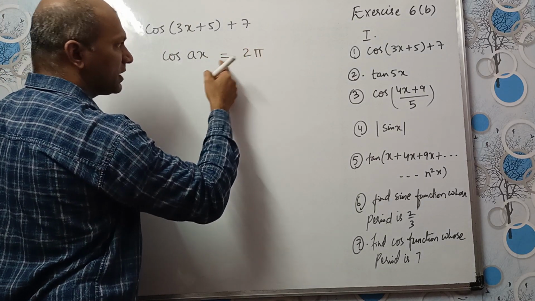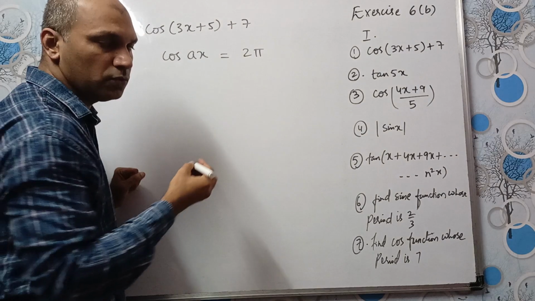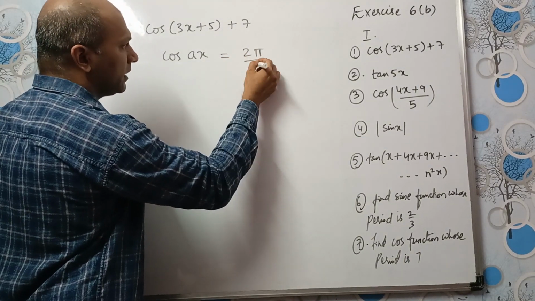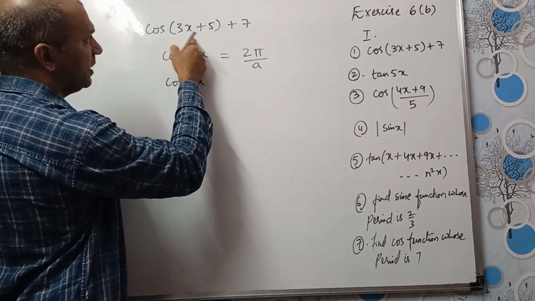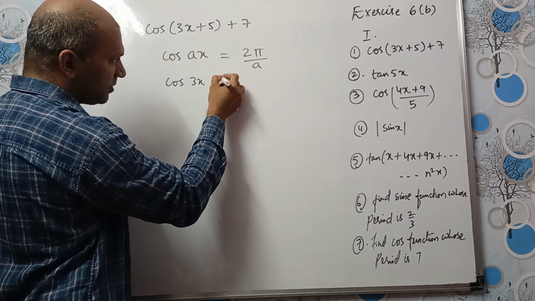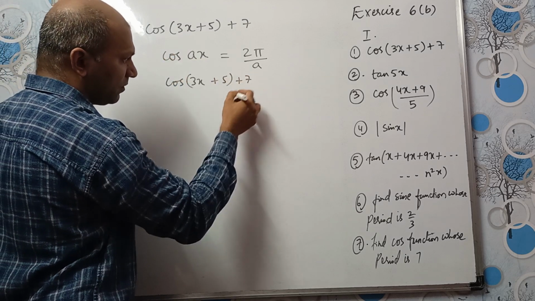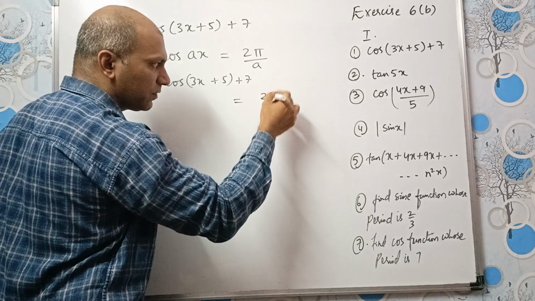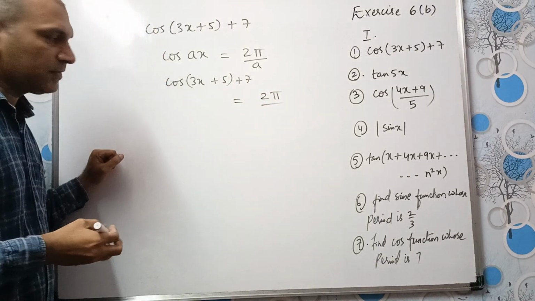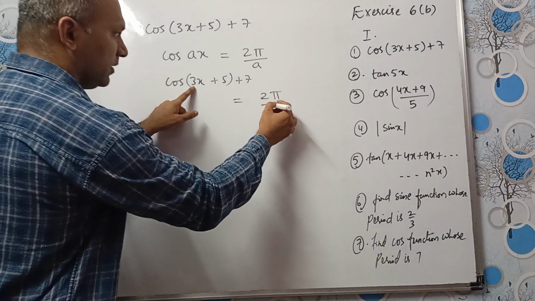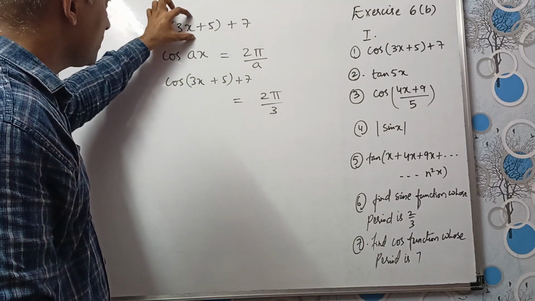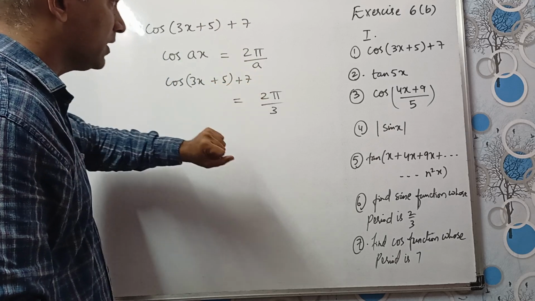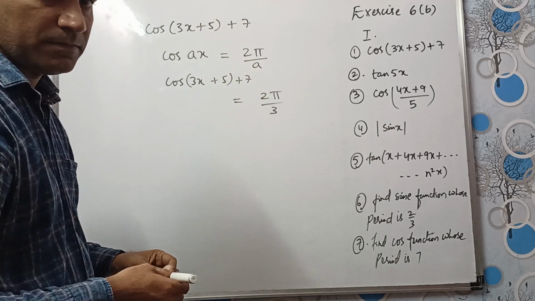The general period of cos x is 2 pi divided by this a. So similarly here, the period of cos 3x, or 3x plus 5 plus 7, will be the general period of cos divided by this 3. So the period of this is 2 pi by 3.